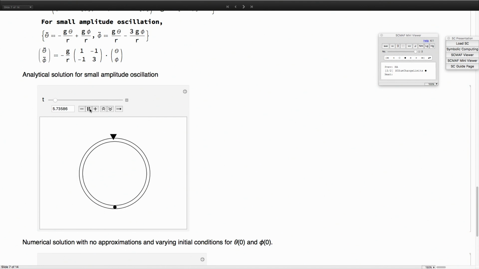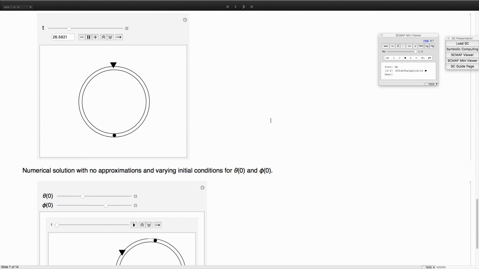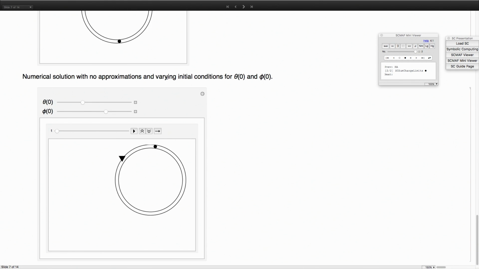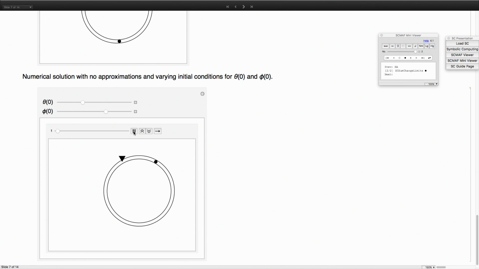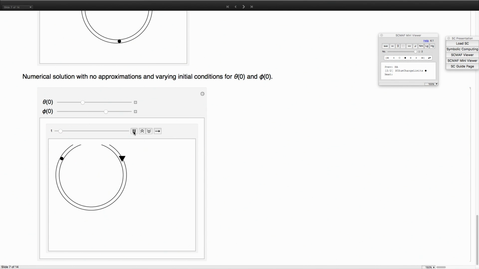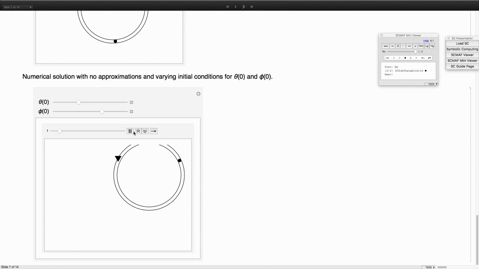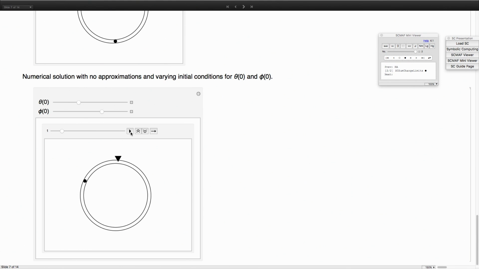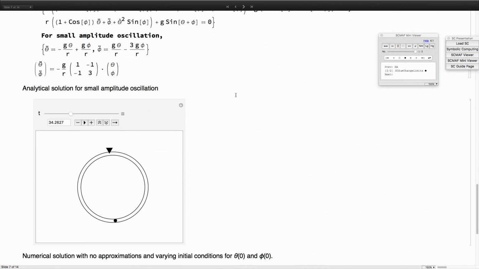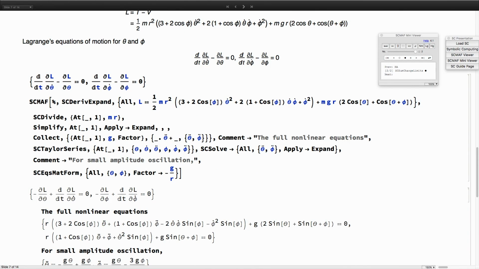This is an analytical solution for small amplitude oscillation. And this is a numerical solution with no approximations. You can see, for small oscillation, you have to expand it to the first order in Taylor series. Here we have a function, and there are 6 variables.